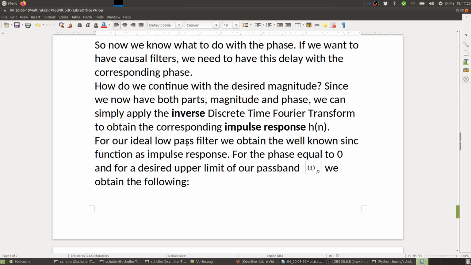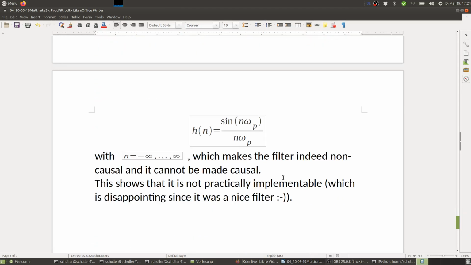For our ideal low-pass filter, we obtain the well-known sinc function as our impulse response, because we have a rectangle in the frequency domain, so we will have a sinc function in the time domain. The two correspond to each other via the Fourier transform. So for the phase equal to 0 and for a desired upper limit of our passband omega p, we obtain the following.